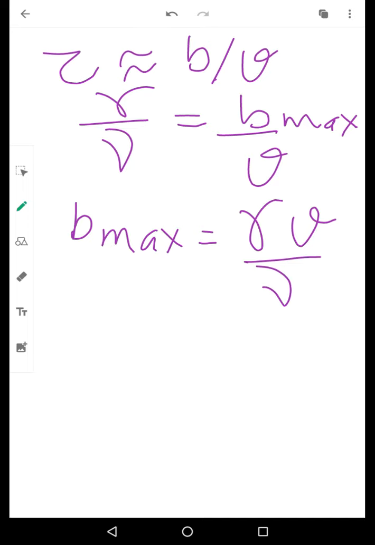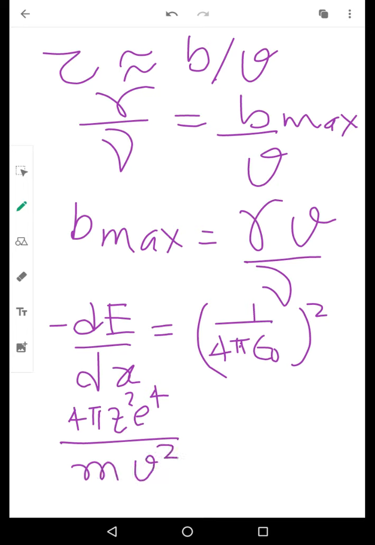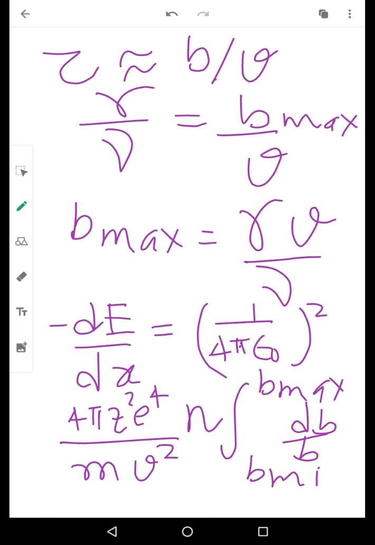So when you substitute this into the formula, then you get minus dE by dx, that is the energy dissipated per unit distance, equal to 1 by 4 pi epsilon 0 whole square and 4 pi z square e to the power 4 by m v square, and n is the number density of electrons per unit volume, with b max and b minimum as limits, and this is dB by B. Clear?